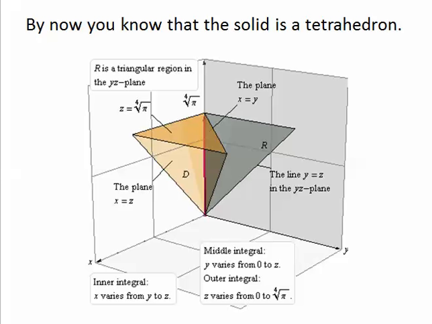Okay, so by now you know that the solid is a tetrahedron. A tetrahedron is made up of 4 faces where each face is a plane. So I'd like you to look for the 4 planes of this tetrahedron. First, look at the plane y equals 0. Did you find y equals 0? Now look at the plane x equals z.